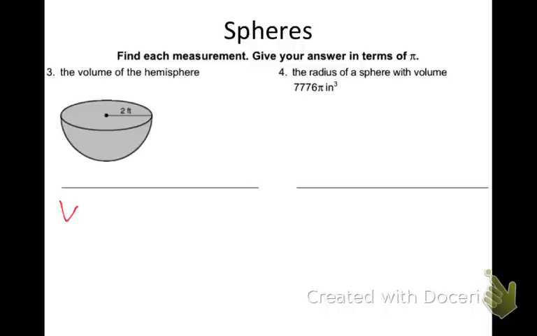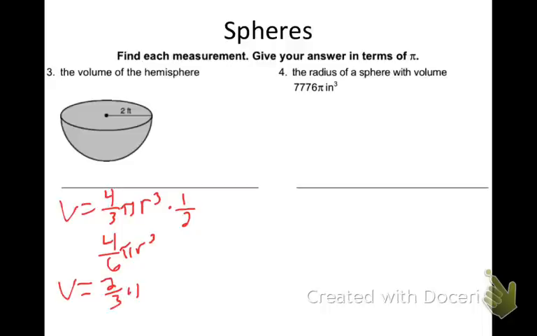Another way to look at it: I have 4/3 pi r cubed. If I take that times the half, doesn't that really become 4/6 pi r cubed? But what's 4/6? So a hemisphere is nothing more than 2/3 pi r cubed. That is for a hemisphere.